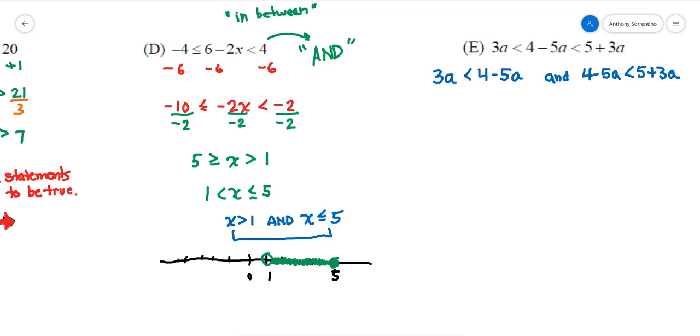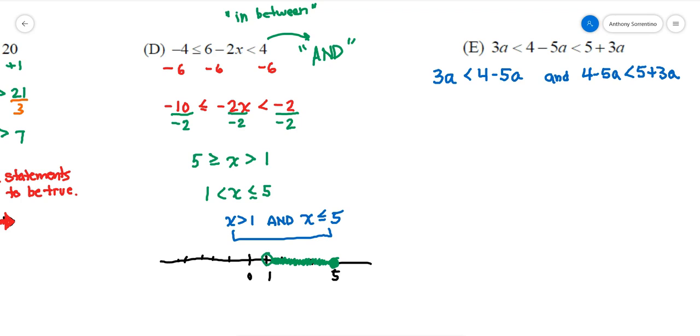So, for instance, the number 2, it's more than 1, it's also less than or equal to 5. That works. 5 is less than or equal to 5, it's actually equal to, it is more than 1, so both work. So an AND means that both parts or all parts have to work versus an OR statement, which means that only one statement has to be true.